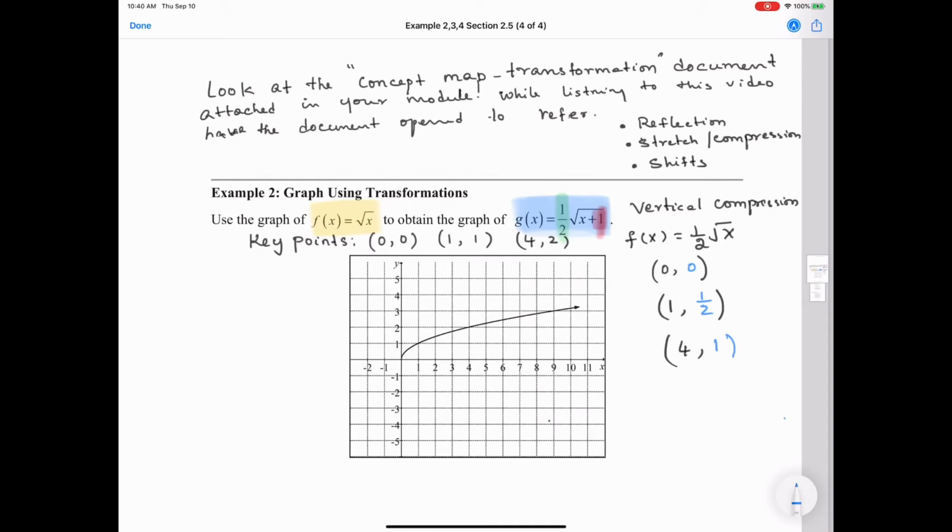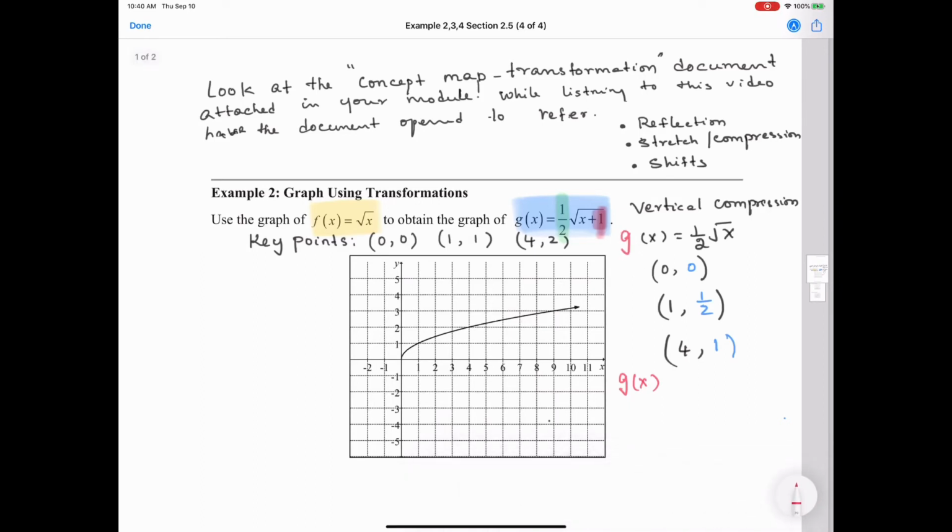Now to these points where I transformed using vertical compression, I am going to do the horizontal shift. So that would make my function g of x. Again, this is g of x, sorry guys, it's not f, it's g.